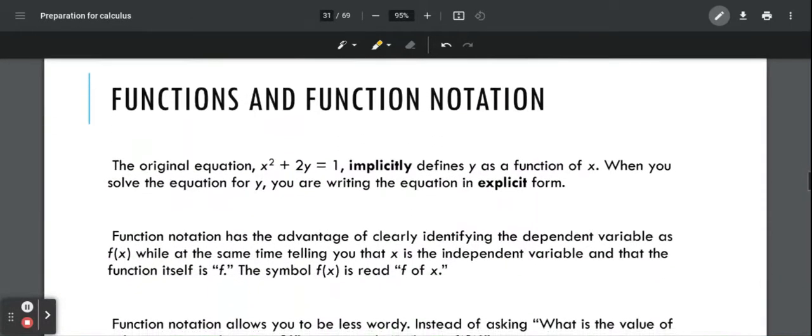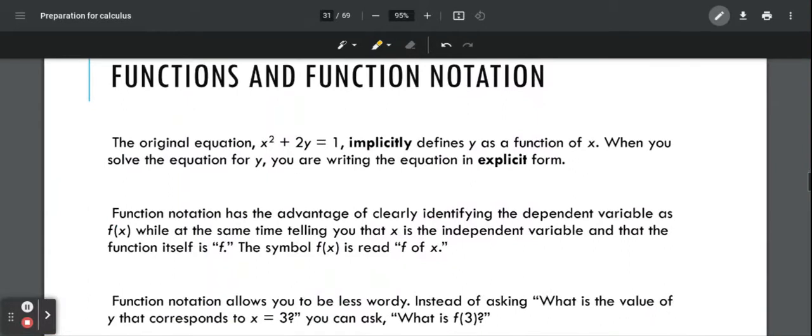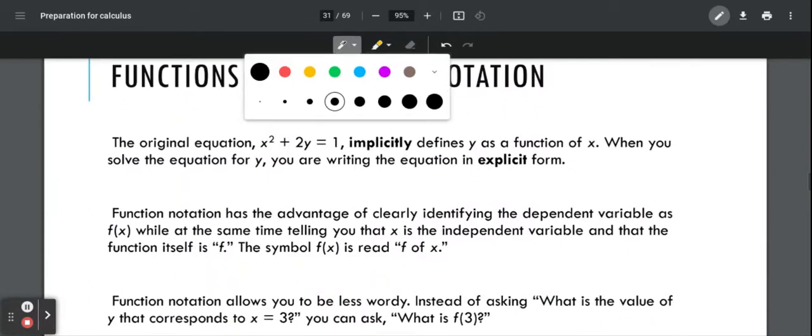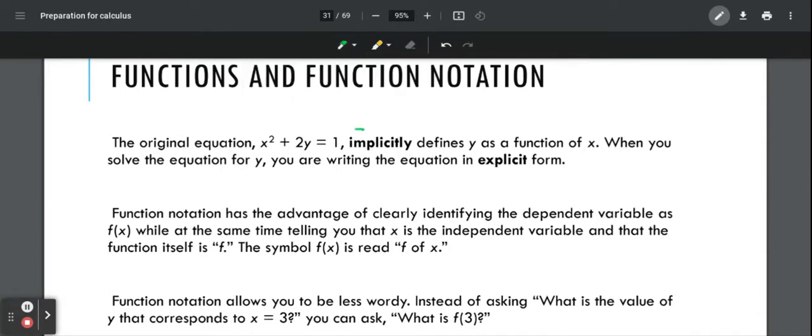So if we have the original equation, x squared plus 2y equals 1, here's some vocabulary for you: it implicitly defines y as a function of x because your x and your y are still on the same side. So it's just the idea that you're saying y is a function of x, but we haven't come right out and said that.